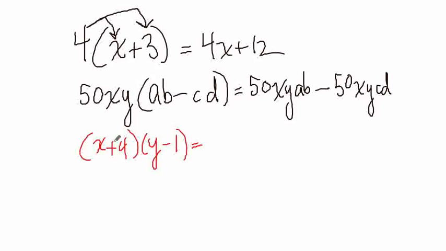So I'm going to take the x and multiply that by everything in the second parenthesis. See that? And then I'm going to take the 4 and multiply it by everything. Can you see that the red example is really two versions of the first black example? If you could remember that, then you're good to go.